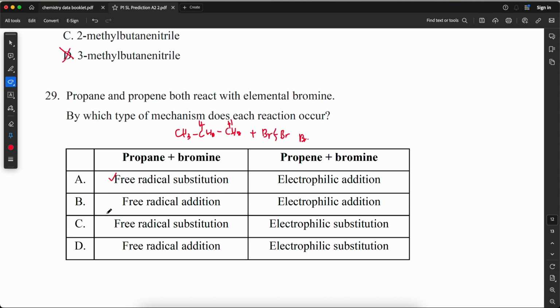So free radical substitution, because it's an alkane, so it will just substitute, not add.